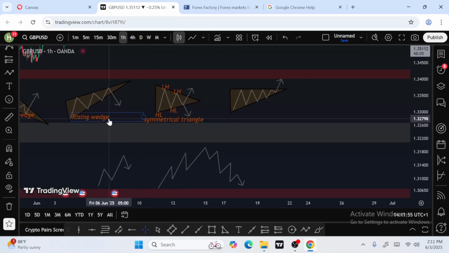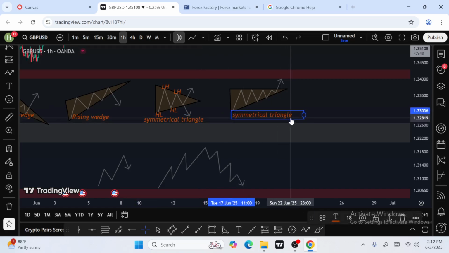It is different from a rising wedge. You can see the resistance of this rising wedge. It moves up, but the resistance of this ascending triangle, it is what? It's horizontal. Do you see it now? So ascending what? Triangle.